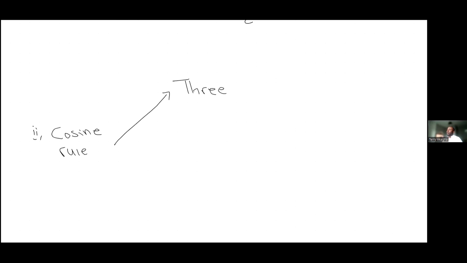All right, now the next one we're going to talk about in this series is the cosine rule, okay? So when do you use a cosine rule? The first thing that you need to know, you can use a cosine rule when the three sides are known. Okay, so when you have three sides known, so for instance, you have a triangle, okay, sides A, B, and C are known, then definitely you can use a what?